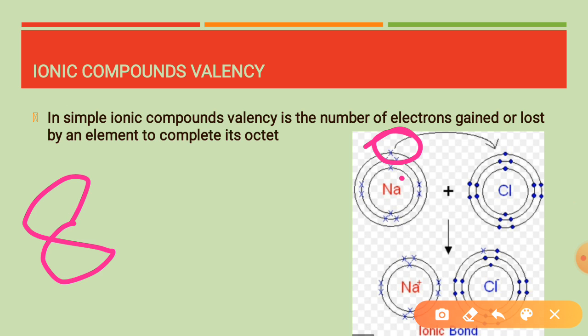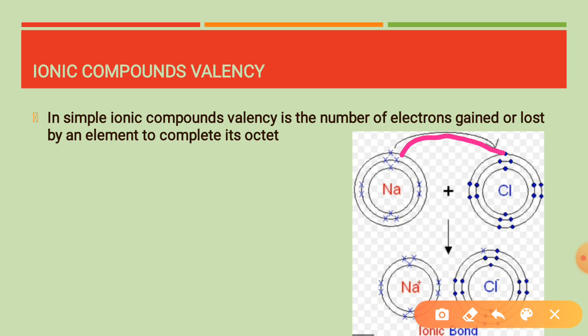So it has to gain 7, making it 8, or else it will lose that single electron to gain stability. It is very easy to lose 1 electron, so sodium will lose that electron, as represented here with the arrow.